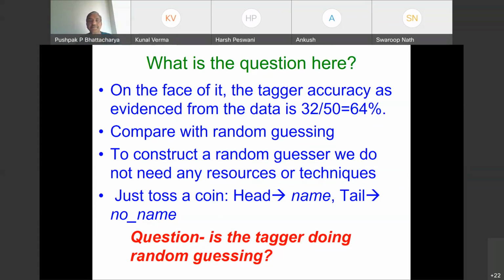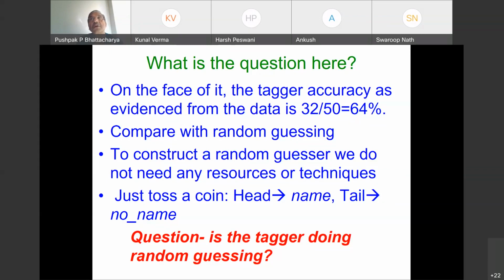I see. Okay. So now let's change the question slightly. Let's assume that the named entity identifier is just doing random guessing, and then let us see the consequence.